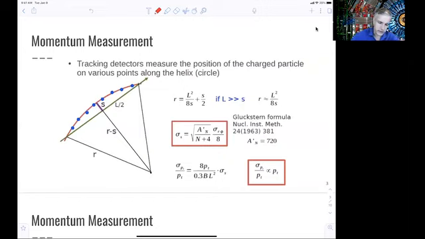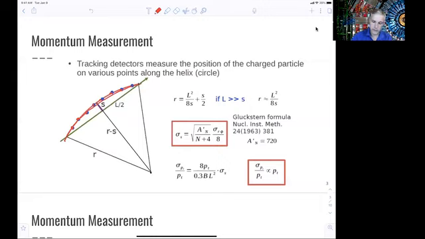And so what you then measure is not the radius directly, but you measure individual points as part of the trajectory of the particles. From the measurement of the points, you can then reconstruct the trajectory of the particles and therefore measure the curvature, and that is used to measure the transverse momentum.